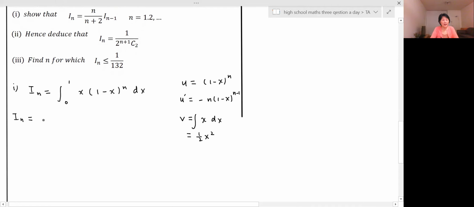Okay, so I equals uv minus the integral of v u' dx. So I_n will be equal to u, which is (1 - x)^n, times v, which is x squared on 2, with the limits starting at 0 and 1.